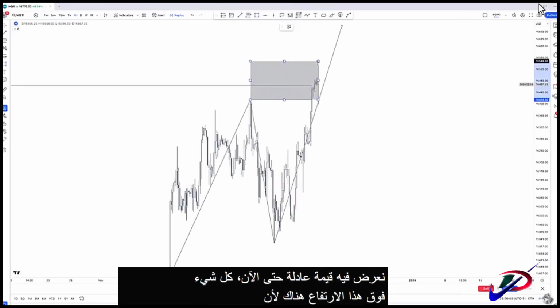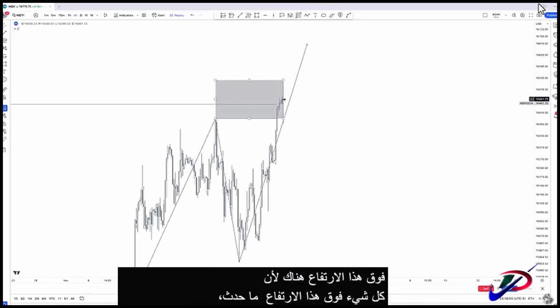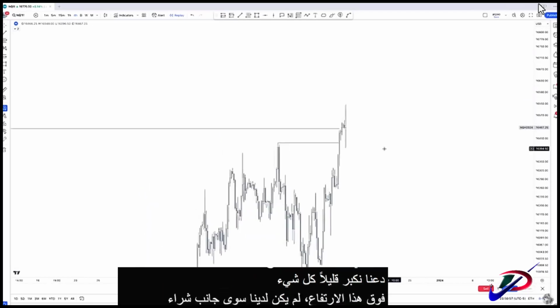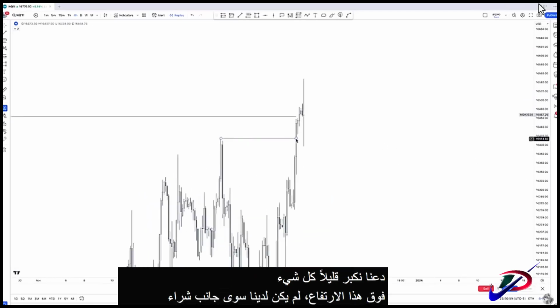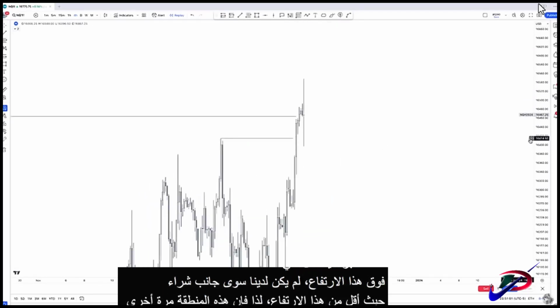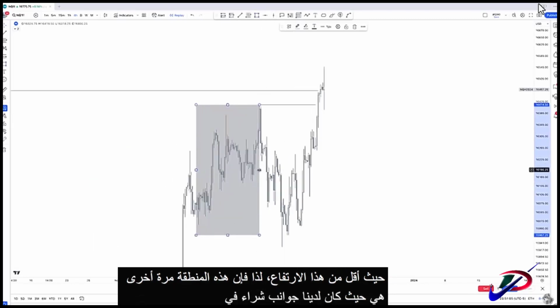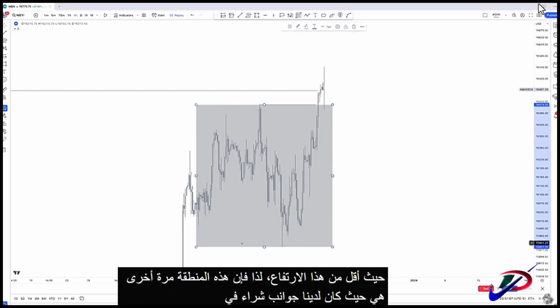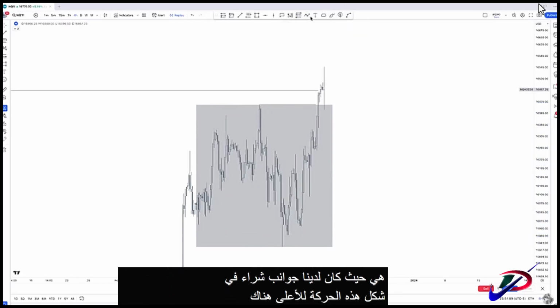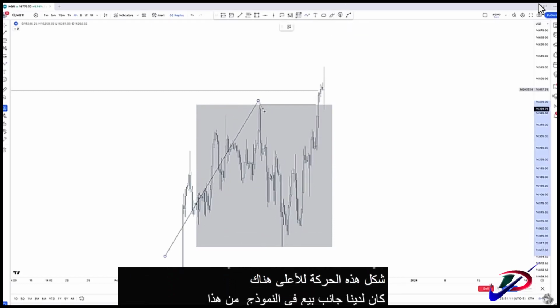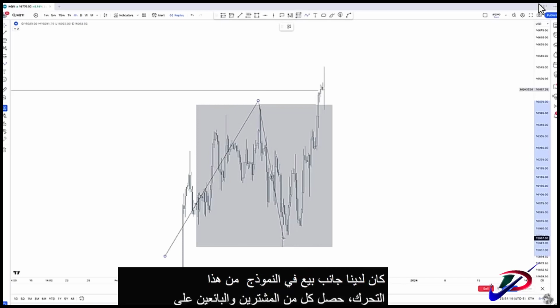Everything above this high right there. Because everything above that high, what happened? Let's zoom in a little bit. Everything above that high, we only had buy side. Where below that high, so this area again, is where we had buy side in the form of this move higher right there, and sell side in the form of that move lower.